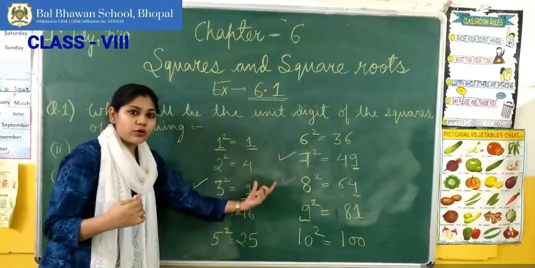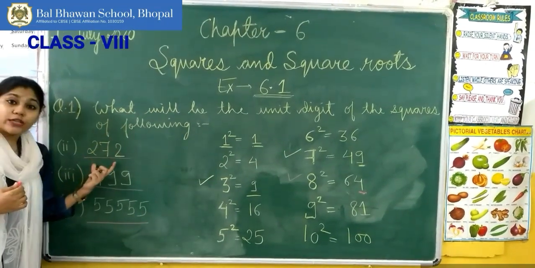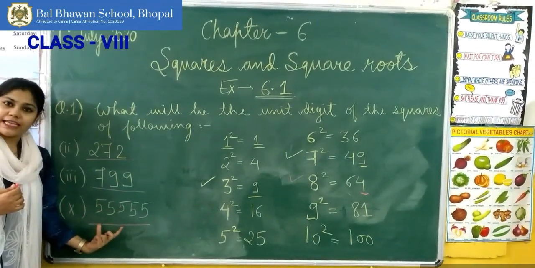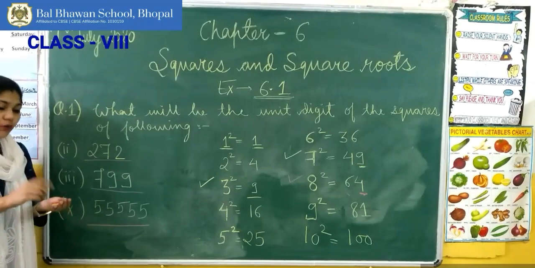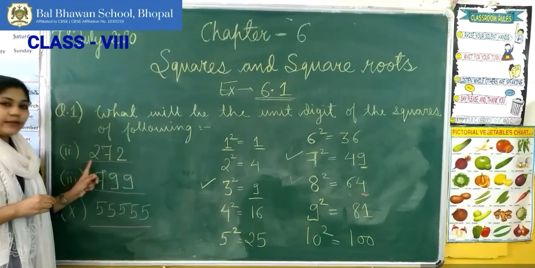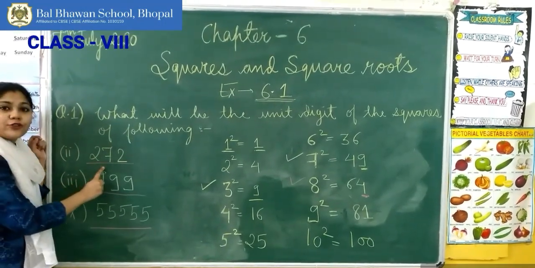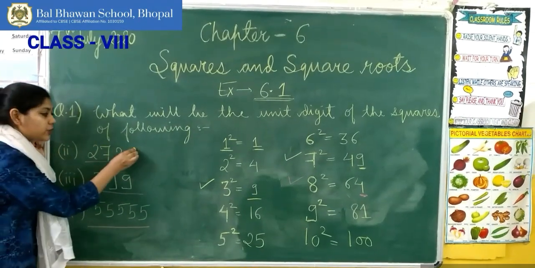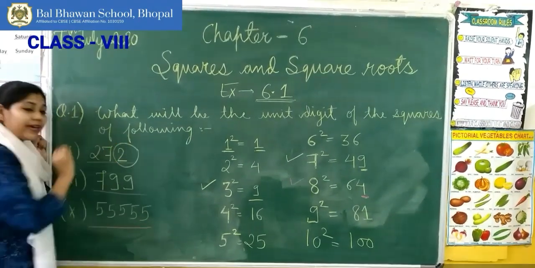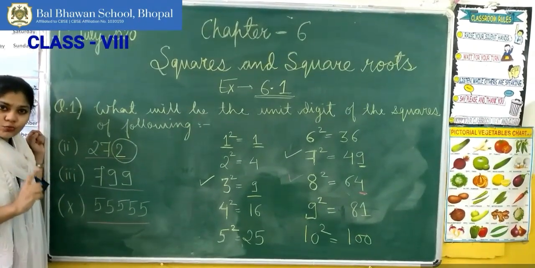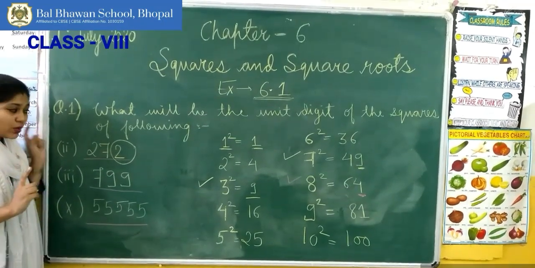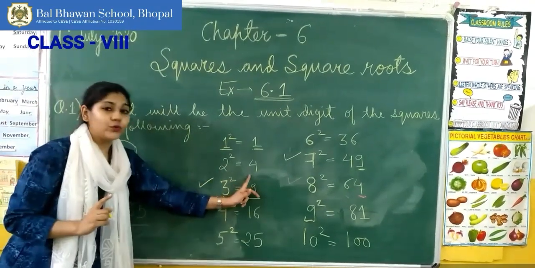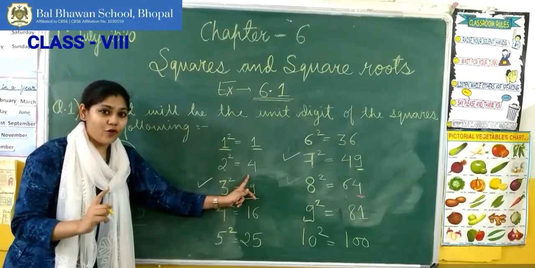Now using this only we will find the unit digit of the square of these numbers. Okay. Now how we are going to do it? Look at first number. It is 272. Now what is the unit digit over here? Its unit digit is 2. Now what is the square of 2? Square of 2 is 4. Okay.